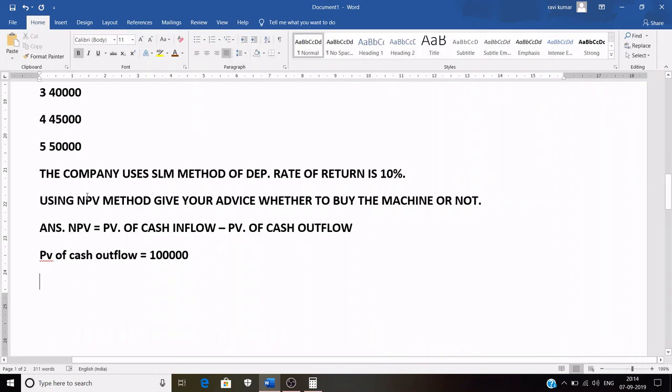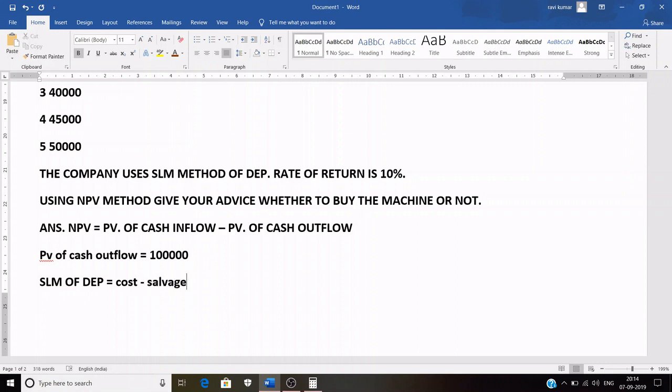When the company uses the SLM method of depreciation, we have a formula to calculate depreciation that I'm sure you must know. That is, SLM depreciation is equal to cost minus salvage value of your machine divided by number of years.